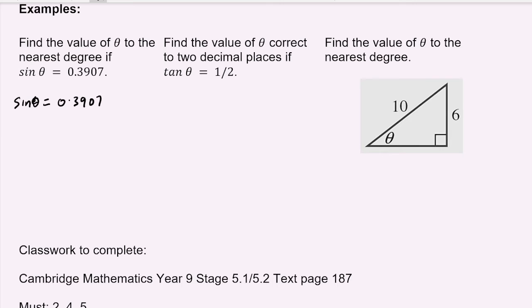We want the inverse to get theta because we want theta to be the subject, so we want theta on its own, and it'll be sine to the -1. Remember that little -1 indicates that we're using the inverse. Then we pop our number in, and then we type that bit on the right hand side into our calculator.